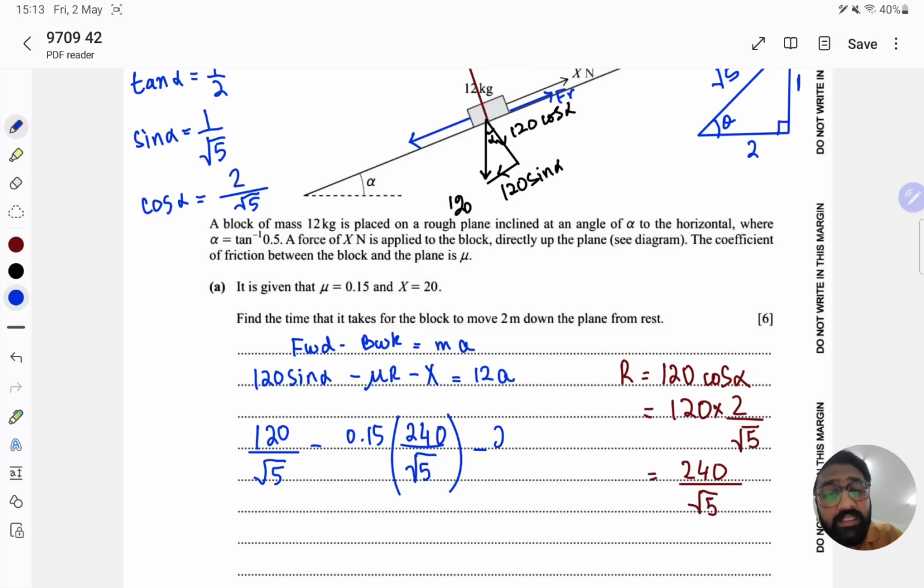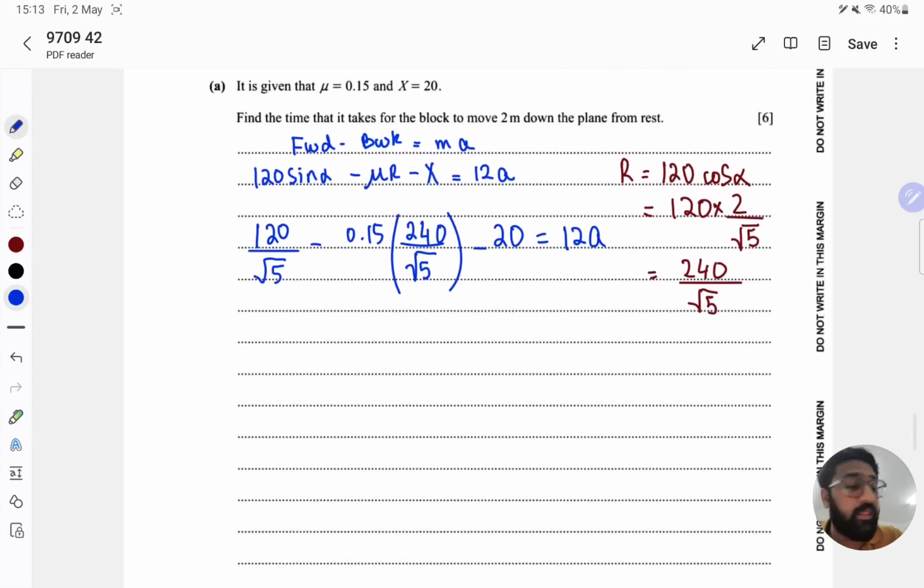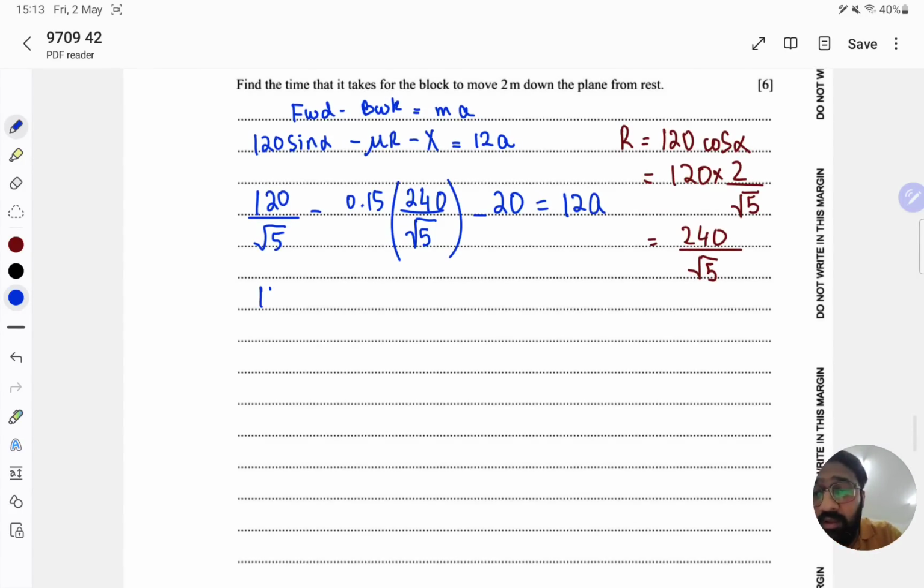The value of x is 20 and m is 12a. So 0.15 into 240 is 36. So 120 minus 36 over square root of 5 minus 20 equals 12a.